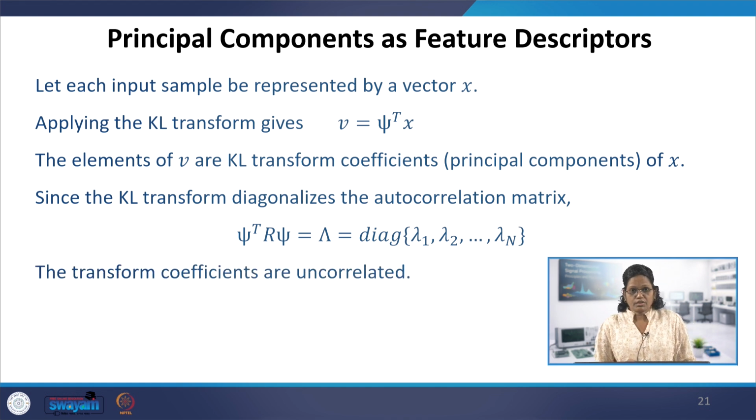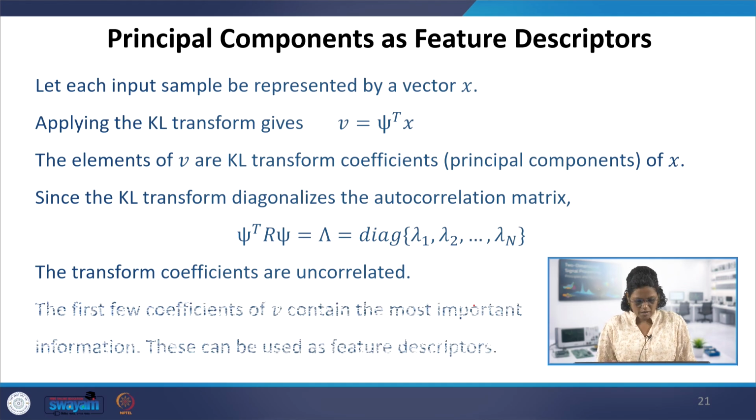So these transform coefficients are uncorrelated, as we are going to see through the example. The first few coefficients of V contain the most important information and are used as feature descriptors of the image.